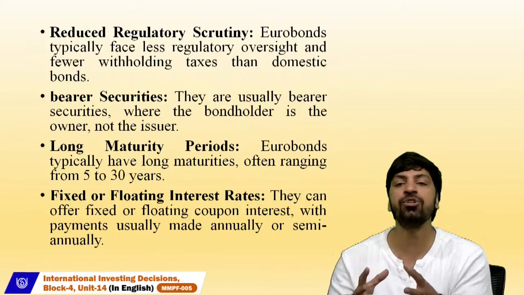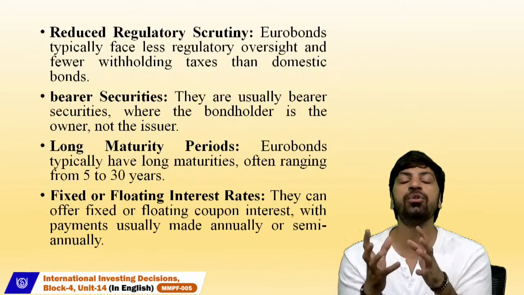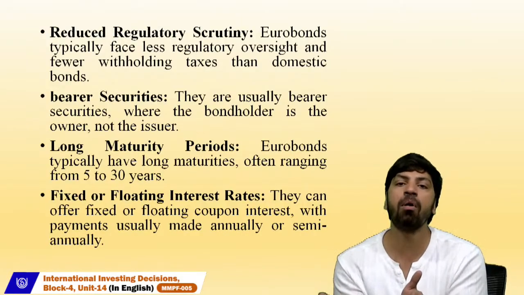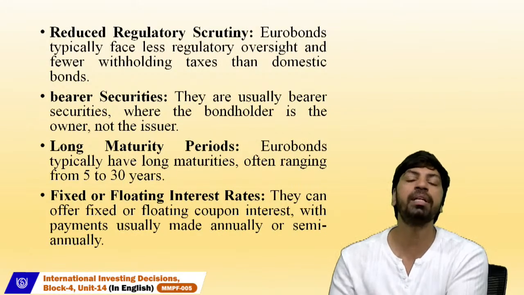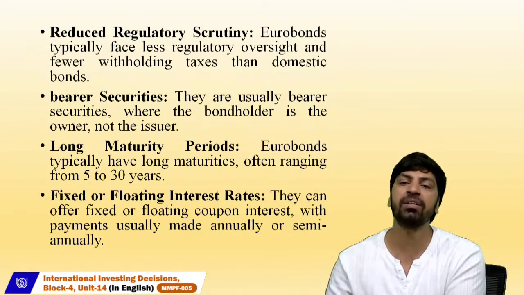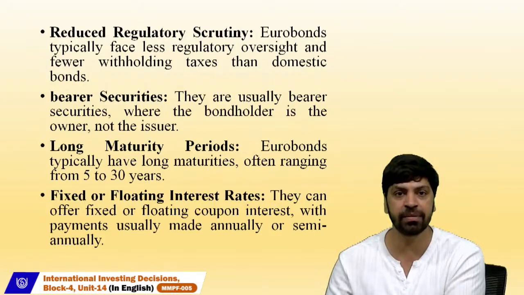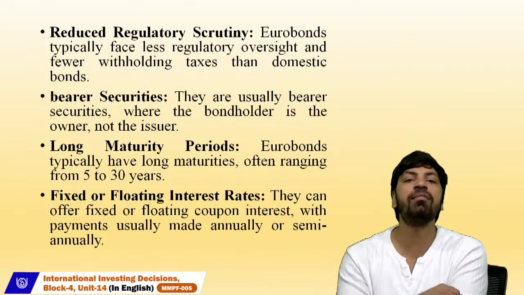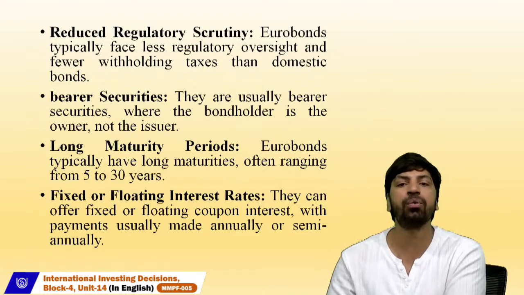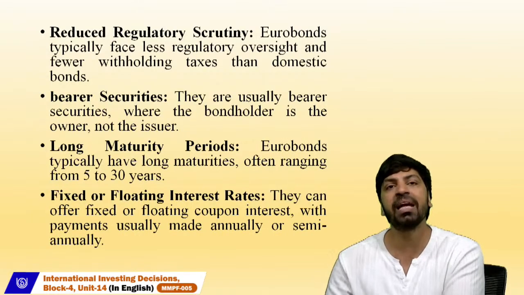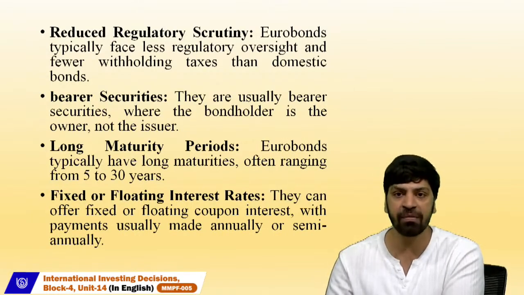Long maturity periods: Eurobonds typically have long maturities ranging from 5 to 30 years. Fixed and floating interest rates: they can offer fixed or floating coupon interest rates, with payments usually made annually or semi-annually.